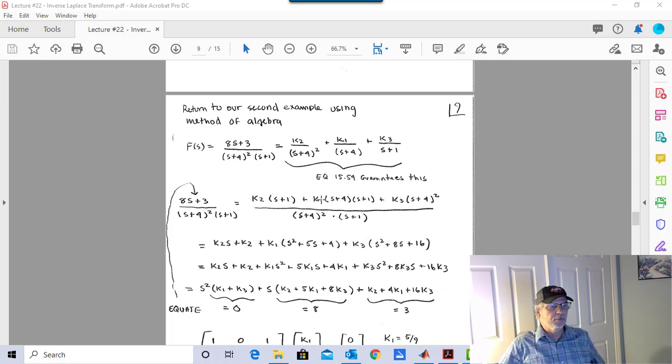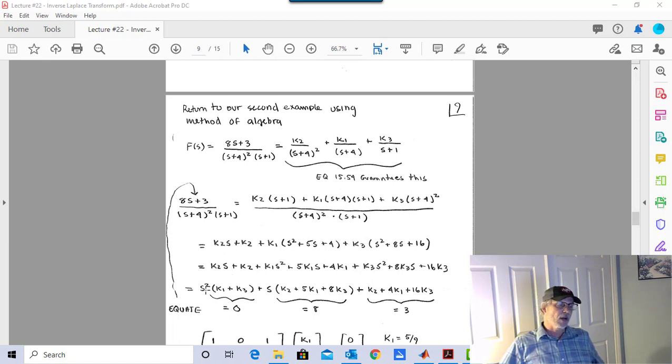Let's multiply this numerator out. And I do all my multiplying out, and I grind through the math, but what I'm trying to do is separate out my s squared terms, my s terms, and my s to the 0 terms, because those I can equate to the terms over here.